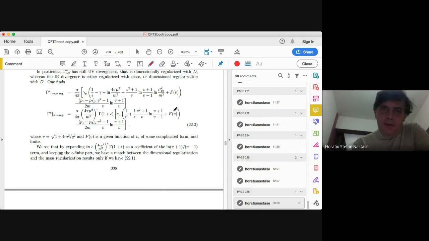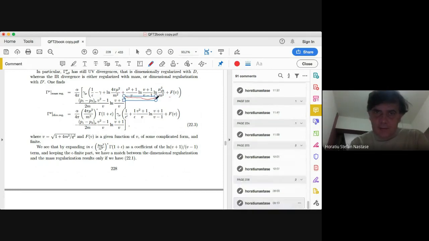And here there's some more function that one can also calculate of this variable, so really of m over q. But the rest is well defined, and we note that we have the same function.